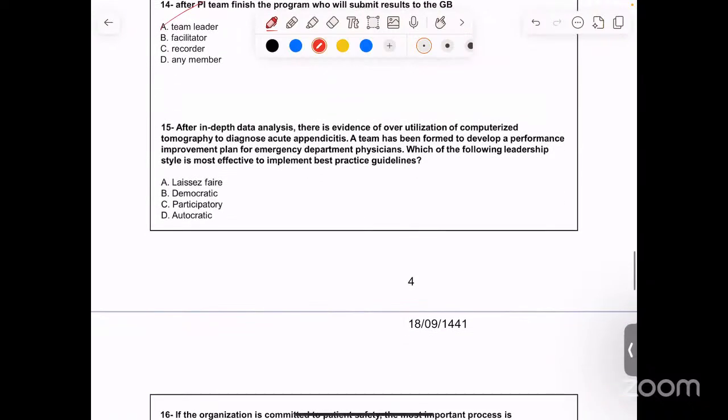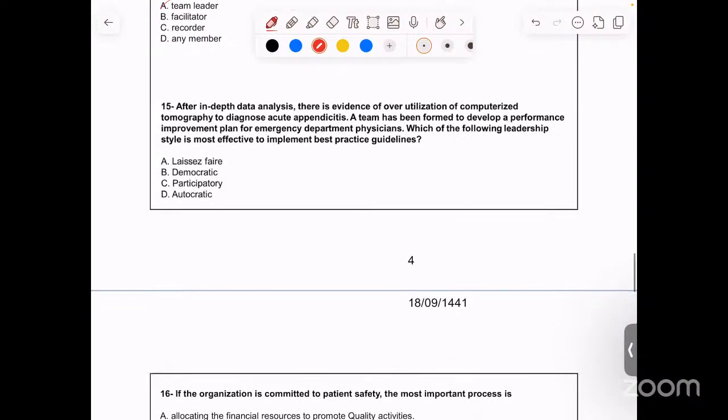15, after in-depth analysis, there is evidence of overutilization of computerized tomography to diagnose acute appendicitis. A team has been formed to develop a performance improvement plan for emergency department physicians. Which of the following leadership styles is most effective to implement best practice guidelines?